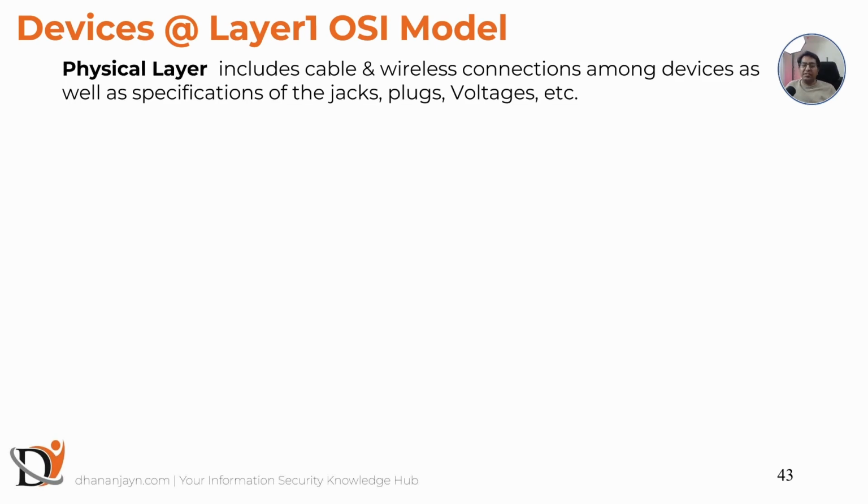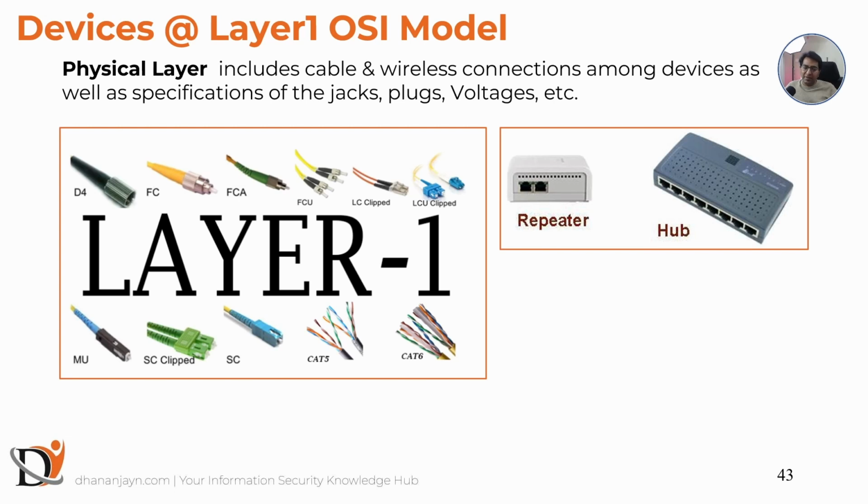So the devices at layer 1 are nothing but the cables and connectors, so fiber channel connectors and the category 5 cables, Cat 5, Cat 6 cables, different connectors. Sometimes when the signal becomes weak after a distance, there are repeaters which are used.